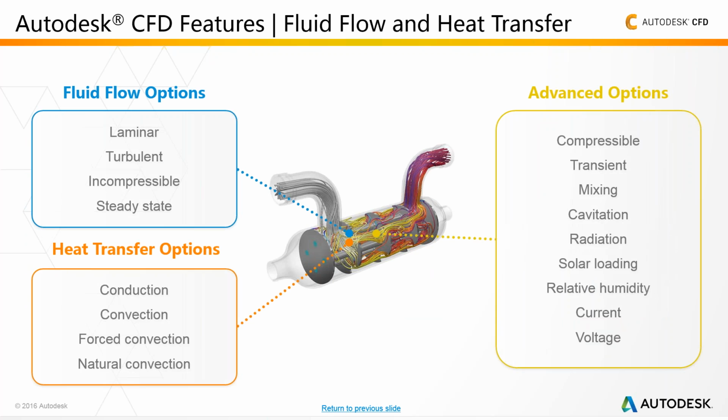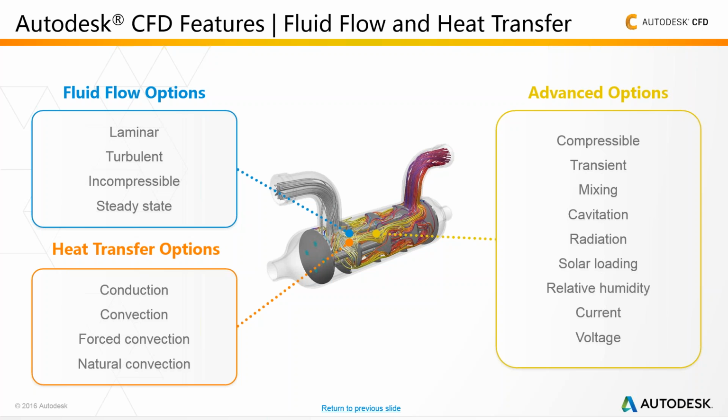Some of the capabilities of Autodesk CFD are available in the basic package, like different laminar and turbulent modes, incompressible and steady state analysis, conduction, convection, forced and natural heat transfer modes. Others are available in the middle package called Autodesk CFD Advanced.